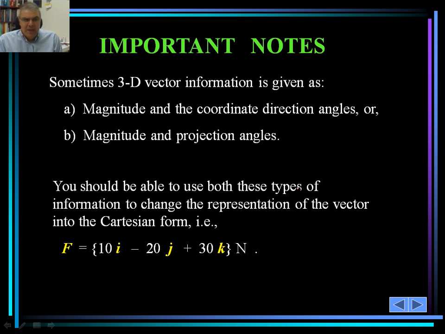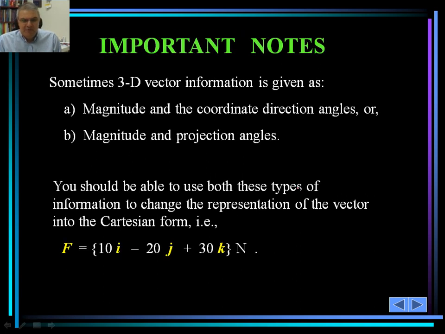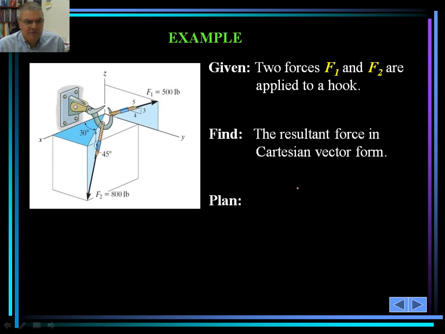It's easier, more convenient to measure them, but may not be as convenient to solve with this information. So you should be able to use both of these types of information and change the representation of the vector into the Cartesian form, as shown here. For example, the force vector F is given here as 10i minus 20j plus 30k Newton. I'm going to solve some problems and we'll see how we can apply this.